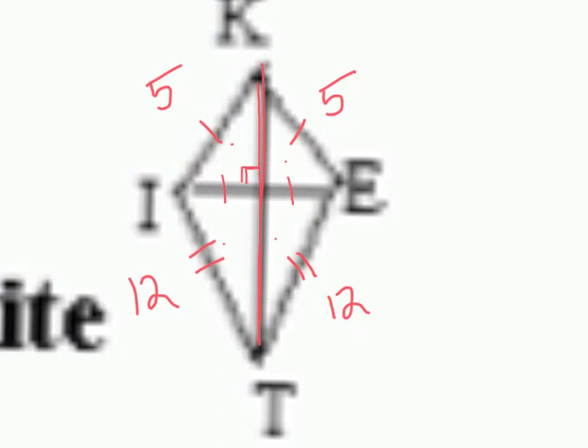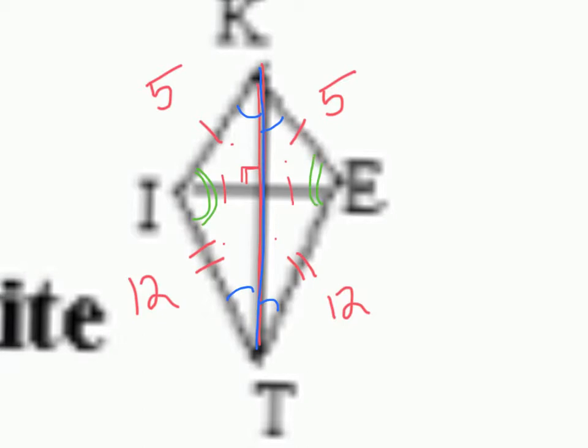So the diagonal that bisected the other diagonal, so like we said, KT bisected IE, KT also bisects the angles. So you can think of just matching that up, figuring out which one bisects the diagonal. That diagonal will also bisect the angles. Then the angles that didn't get bisected, those are the ones that are congruent. So kind of opposite.